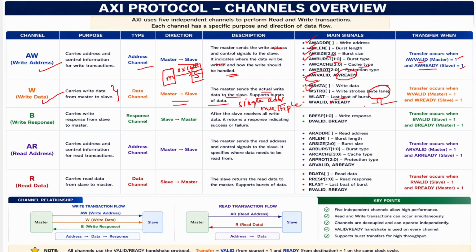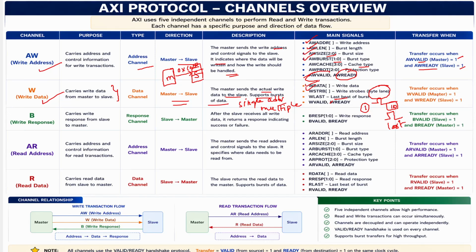Suppose you are sending 10 data: after the completion of the 10th data, the last signal goes high, which indicates that your transaction is completed.